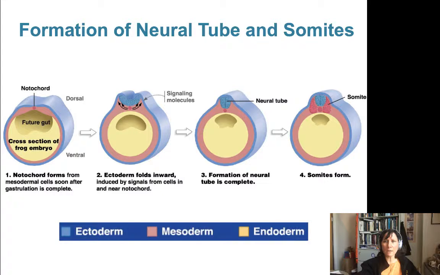It forms ridges, and basically forms a furrow along the dorsal side of the embryo. Then the furrow closes together and forms this neural tube. So this neural tube is ultimately going to be your central nervous system.